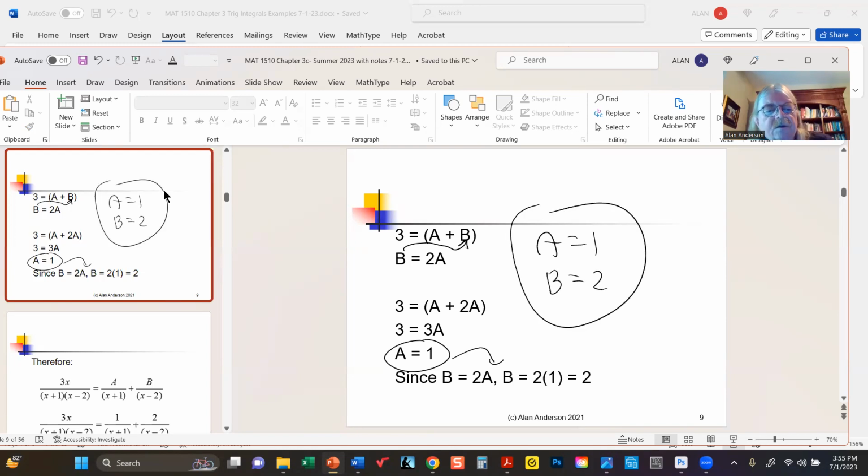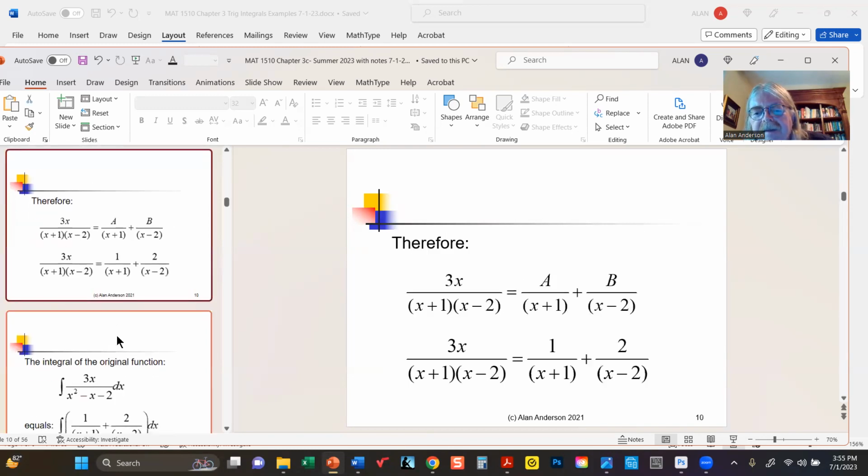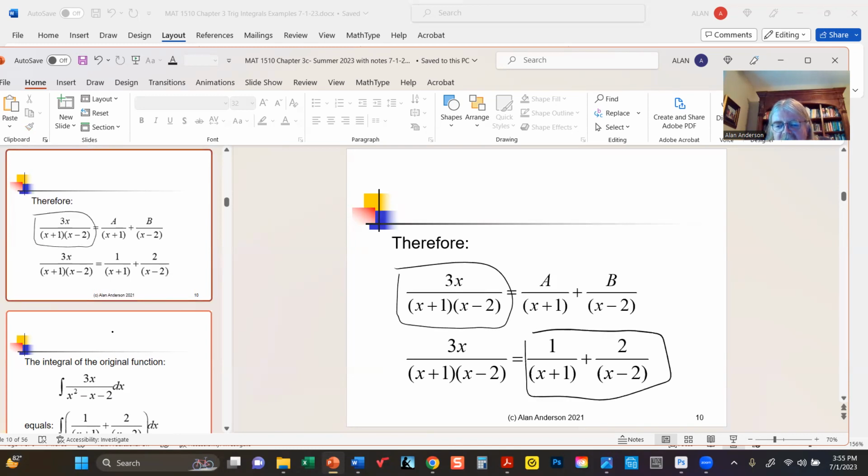So going back to our original decomposition, we can just substitute a for 1 and b for 2. So all that work was just to take this expression and turn it into this. So why did we bother to do that?